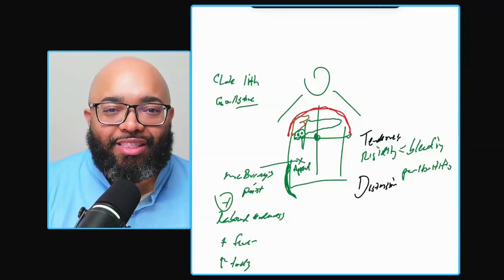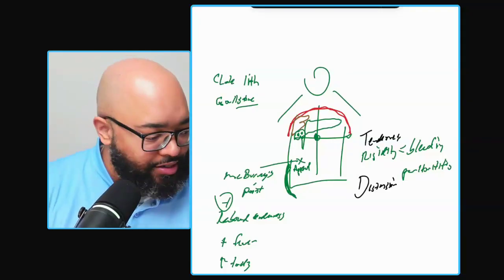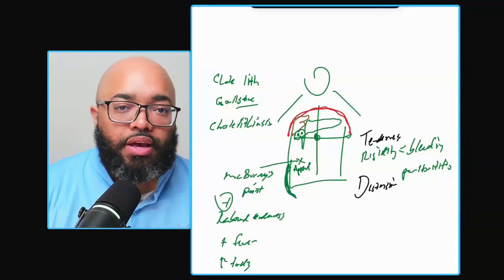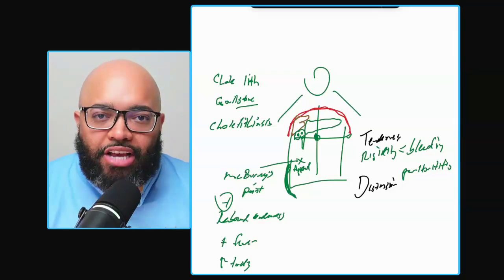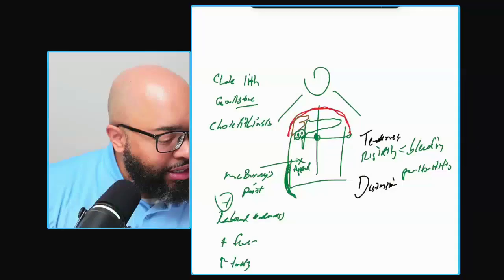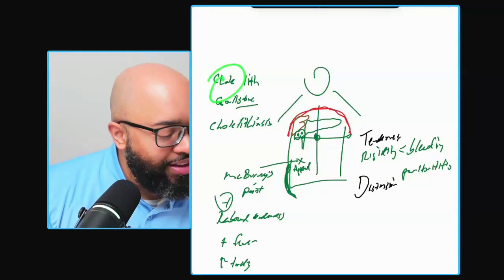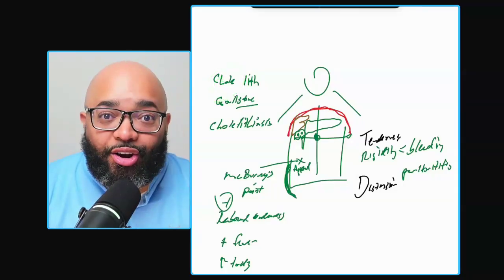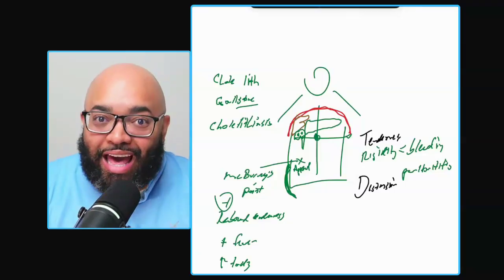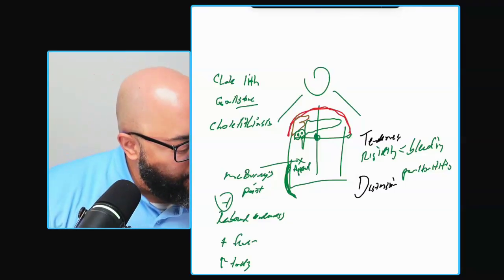So if I put those together, it's going to be cholelithiasis. Cholelithiasis is gallstones. Now, what if I have inflammation of the gallbladder? Cholecystitis. Okay, so chole is gall, cyst is bladder, and itis is inflammation. So inflammation of the gallbladder is cholecystitis.